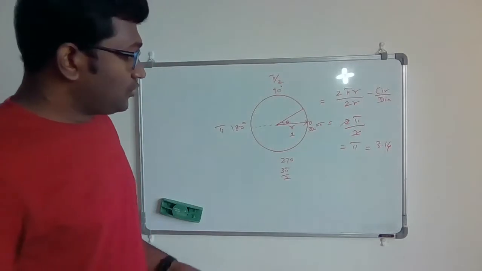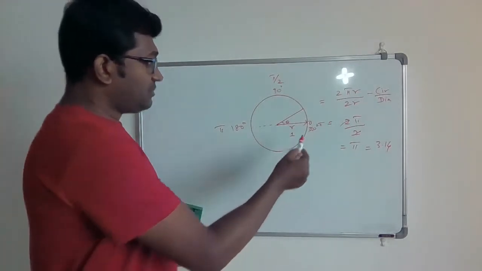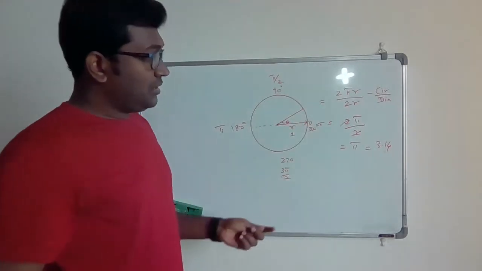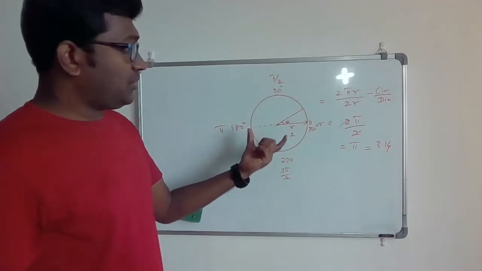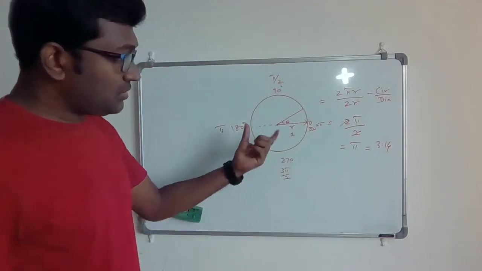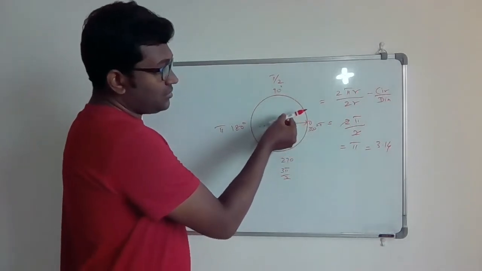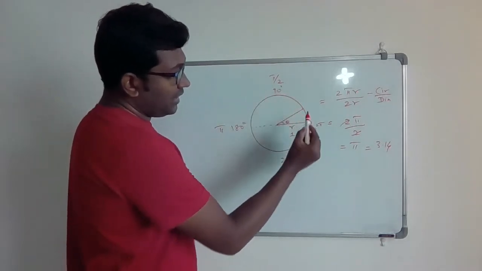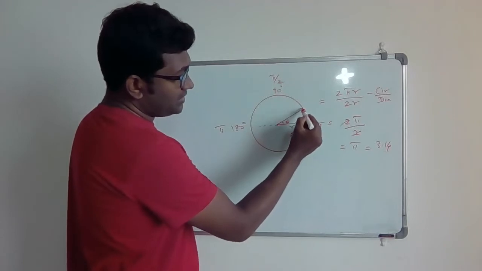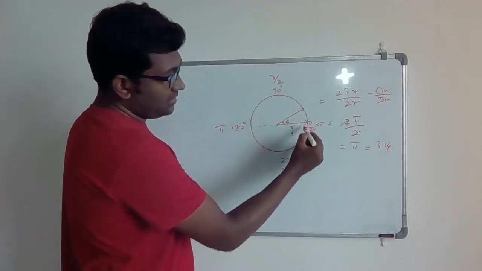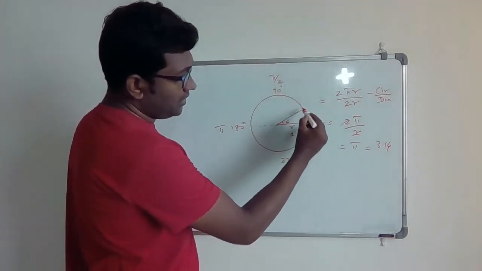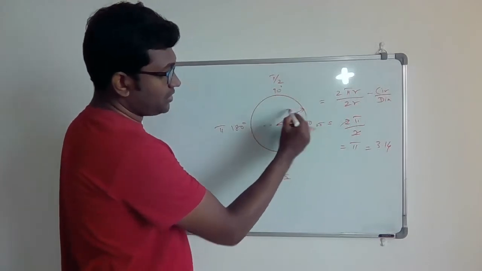Now, as I mentioned, why circles are very important and why trigonometry deals with circles is that when you start rotating around the circle, this point, let's say this is a vector, always makes some projection onto the x-axis and some projection onto the y-axis.